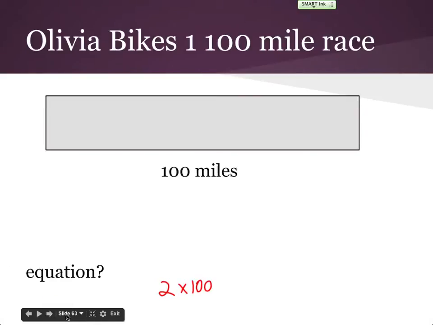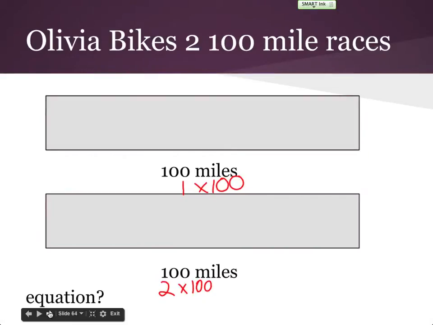If she went a 100-mile race, we said that it would be 1 times 100. If Olivia biked 2 100-mile races, she did 2 times 100.